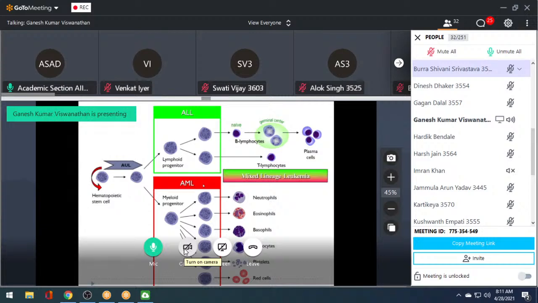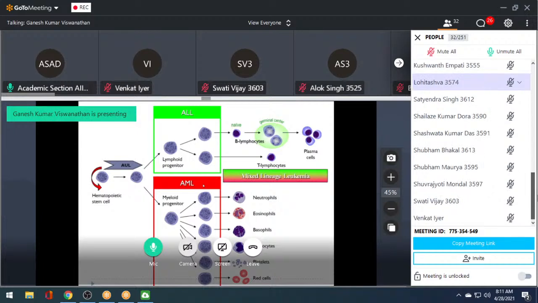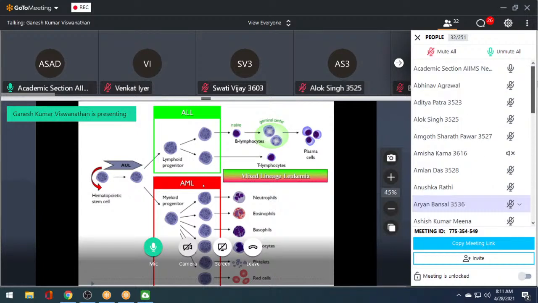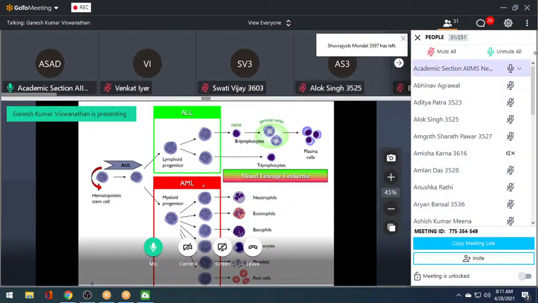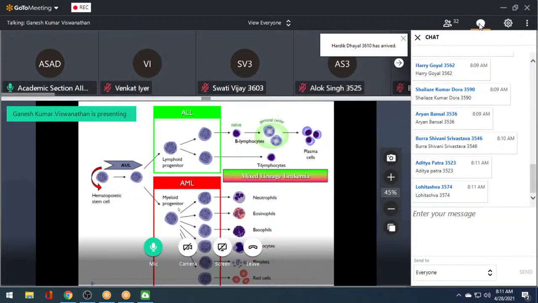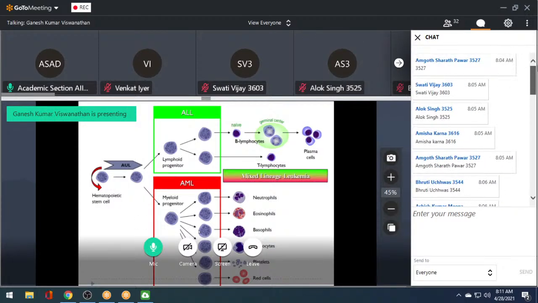The names are self-explanatory. Lymphoblastic leukemias are ones which arise from the lymphoblast, and they look like lymphoblasts. They have the characteristics of the lymphoid cells. AML is acute myeloid leukemia. It arises from the myeloid progenitor and has the characteristics of a myeloid progenitor.